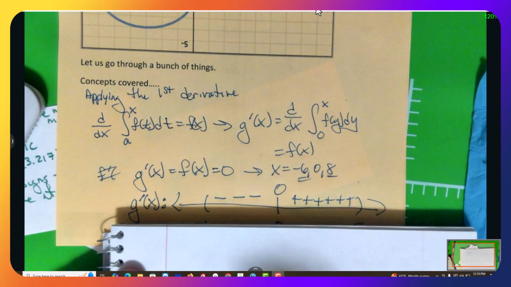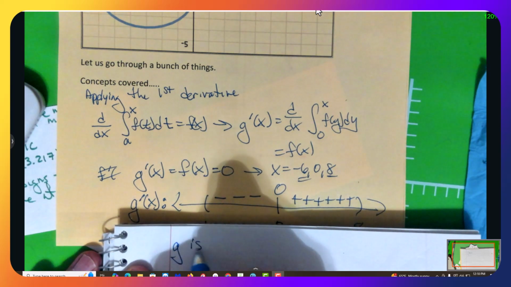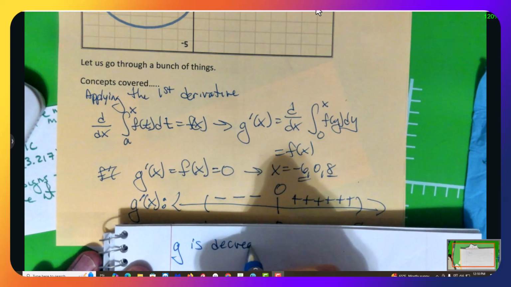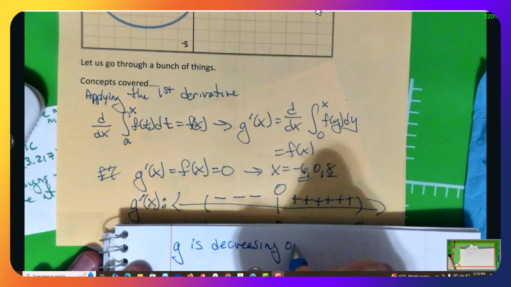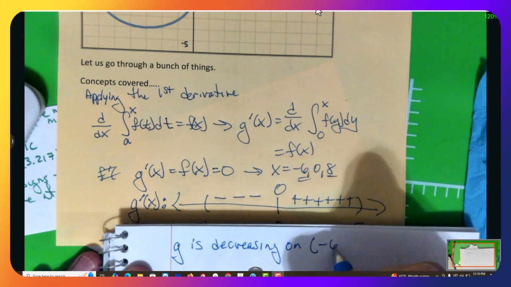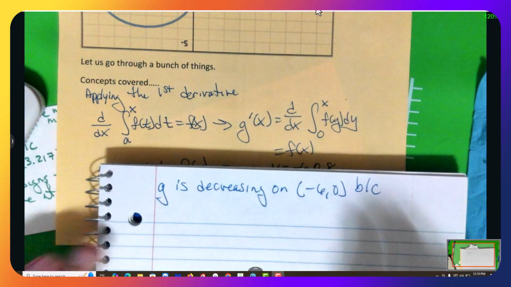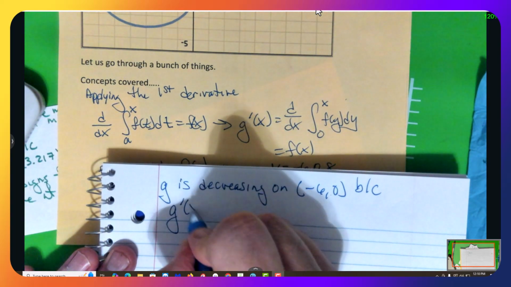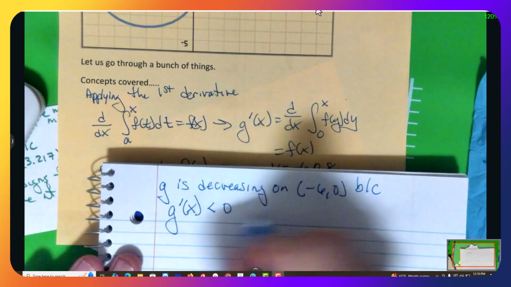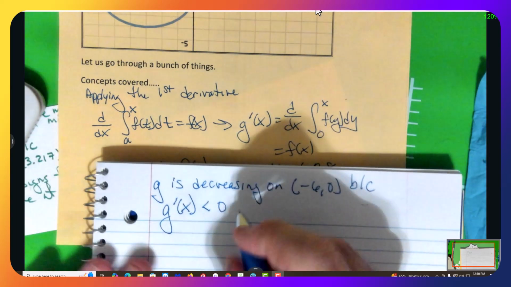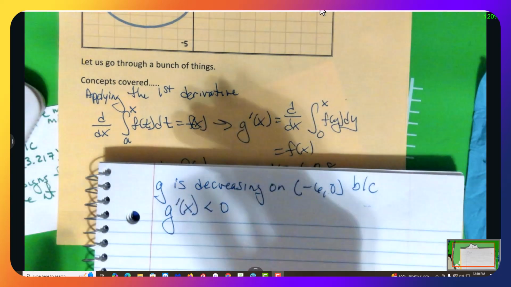Okay, so here we go. G is decreasing on the open interval from -6 to 0 because the derivative of g is negative. And don't say the derivative, g prime. It's named, use the name.